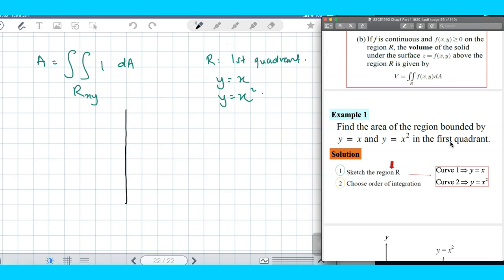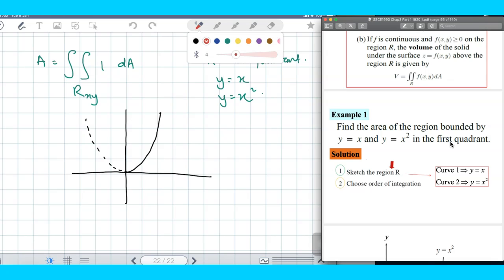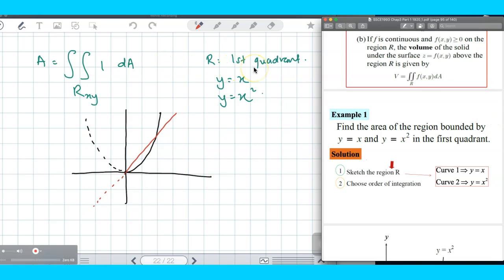Then we should sketch. We have a quadratic, and because we are only on the first quadrant, we take only this part. Then we have y equal to x. This is not part of the line, because we are only interested in the first quadrant.